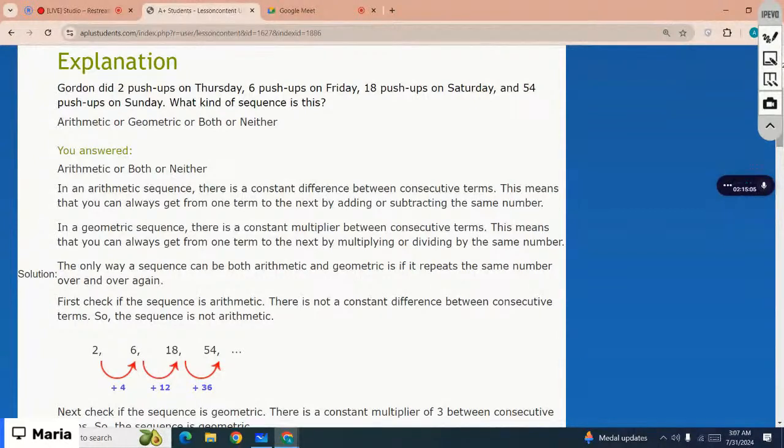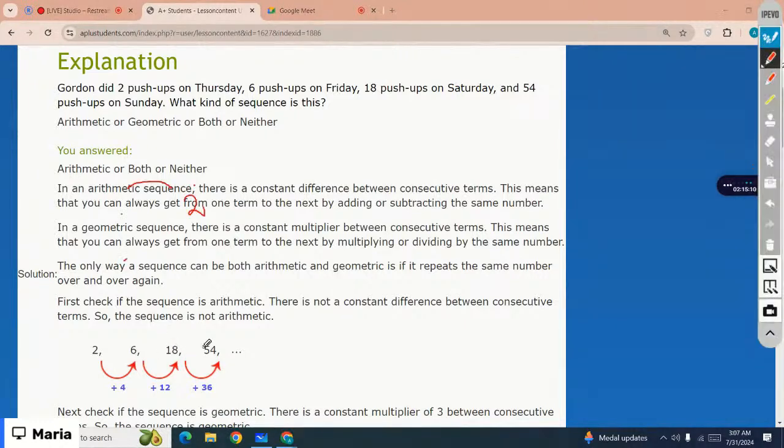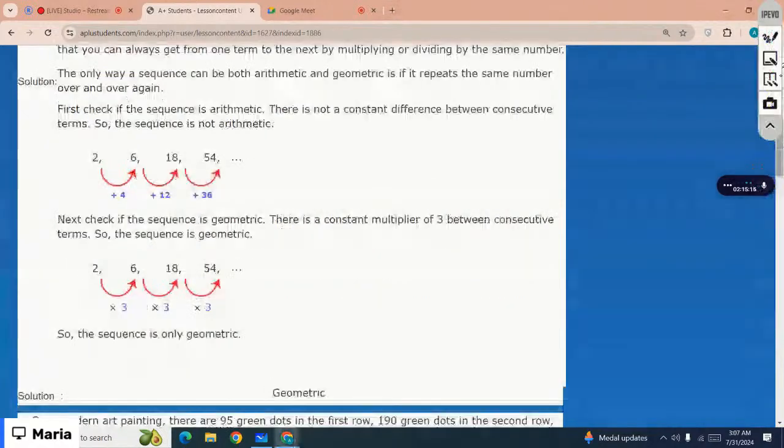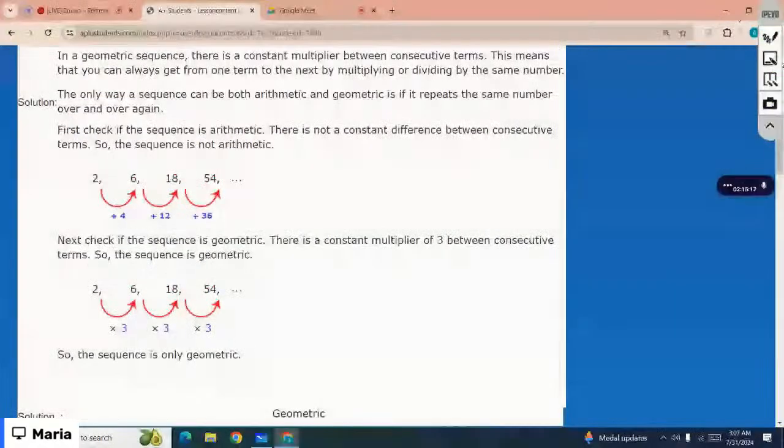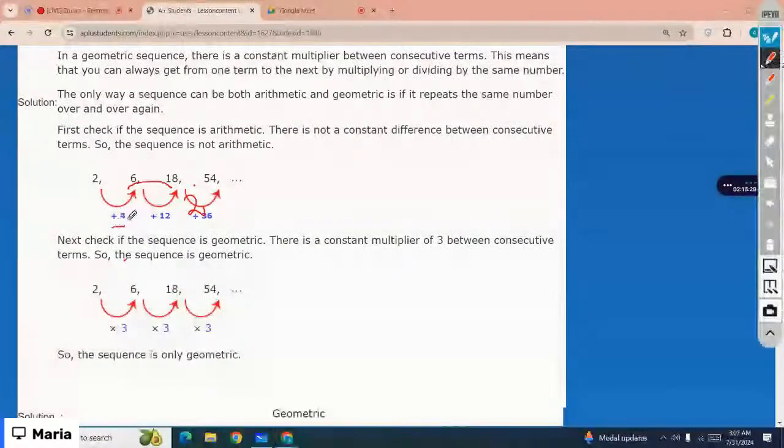Now, the numbers given in the sequence are 2, 6, 18, and 54. Let's see if they are arithmetic or geometric. 2 plus 4 is 6, 6 plus 12 is 18, 18 plus 36 is 54.